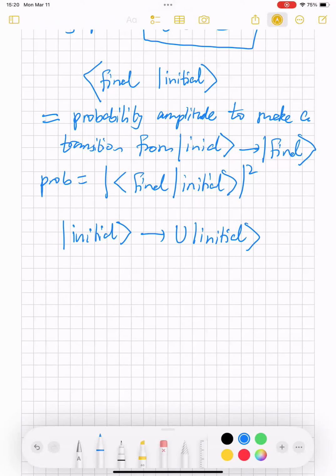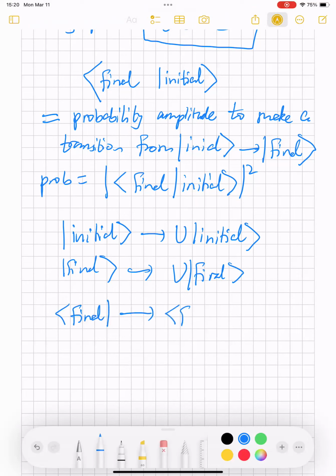My final state would become U times the final state. And in particular, to get the bra final state, I have to dagger, so I'll get the final bra times U dagger.